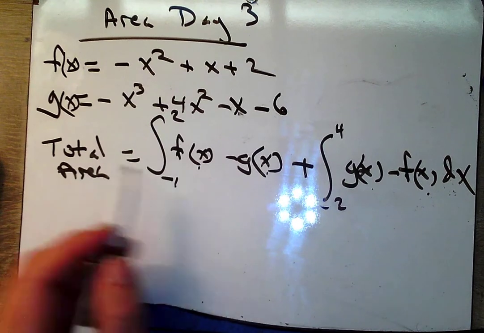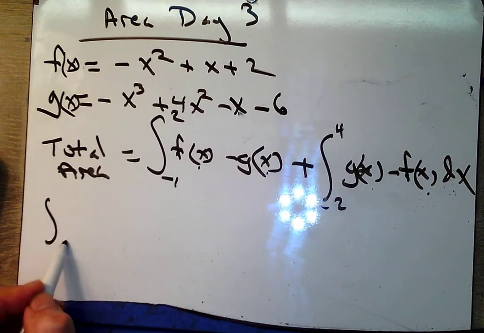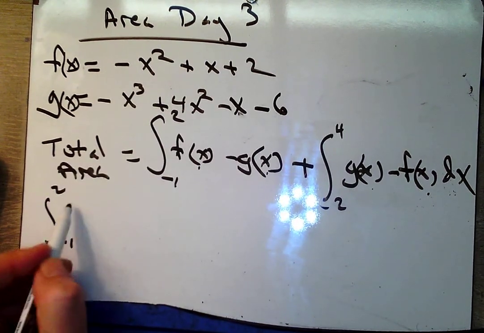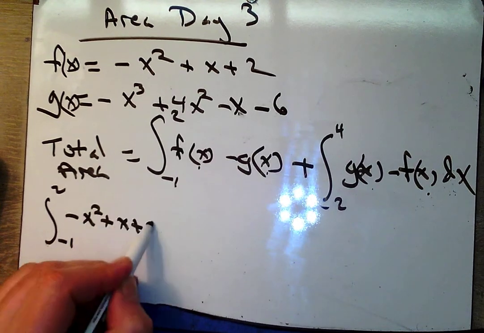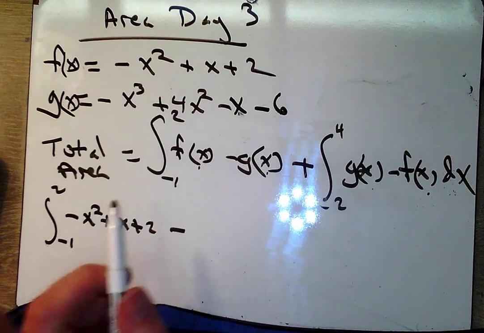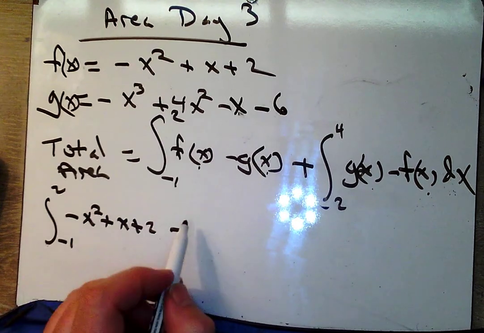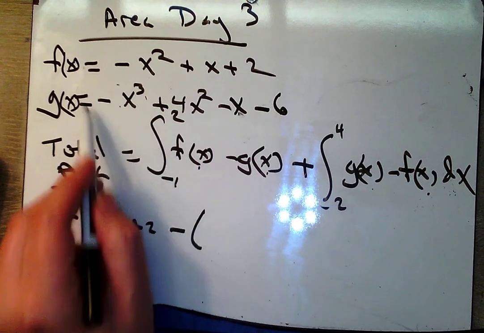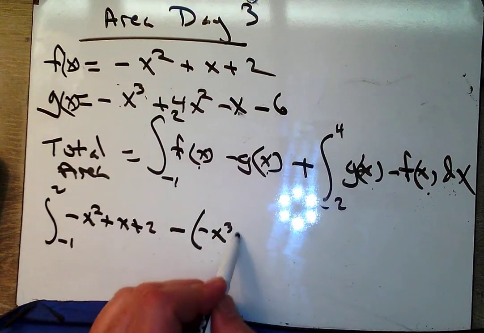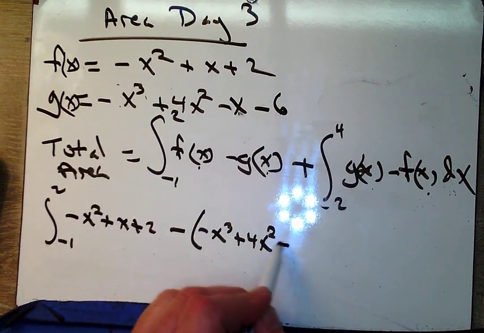So we know then that we would have the integral from -1 to 2 of negative x squared plus x plus 2 minus. Now remember, when we subtract g of x, it's not just this part that's getting subtracted. It's all of these terms.